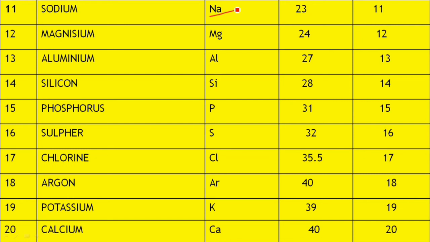Remember that, natrium. And let's go to K, potassium. Why is it K? Because its Latin name is Kalium. So they put the symbol as K and the name as potassium.